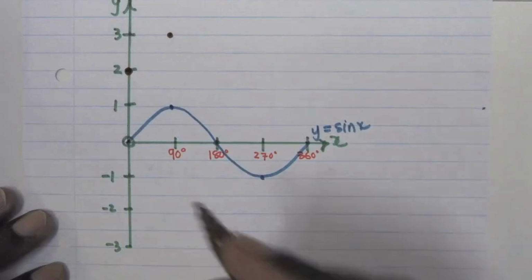Then I can join my points using freehand. And please do not use a ruler when you are joining these points for the trig functions. So this is the graph of y is equal to sin x plus 2.